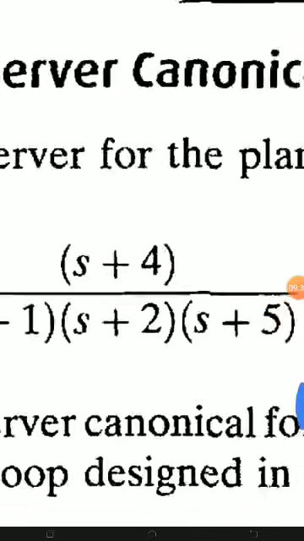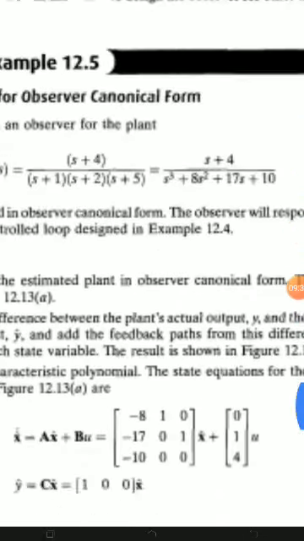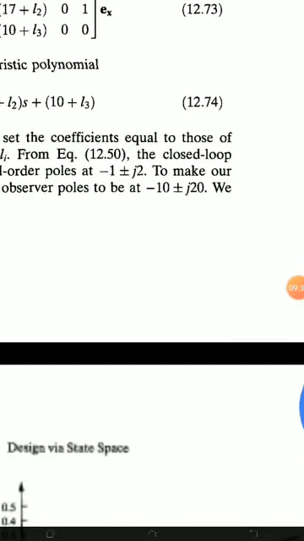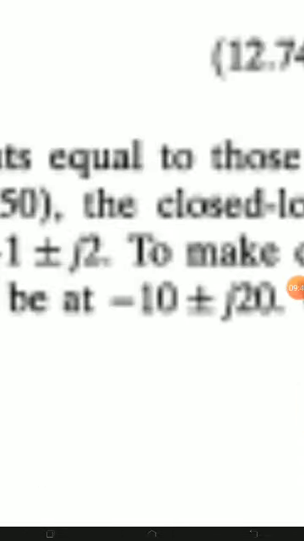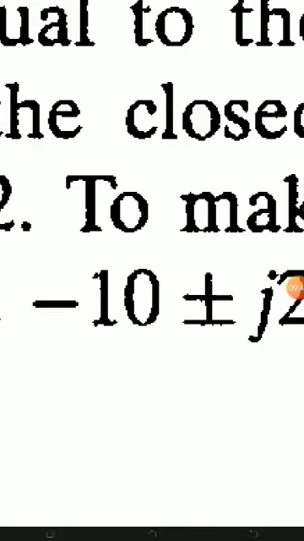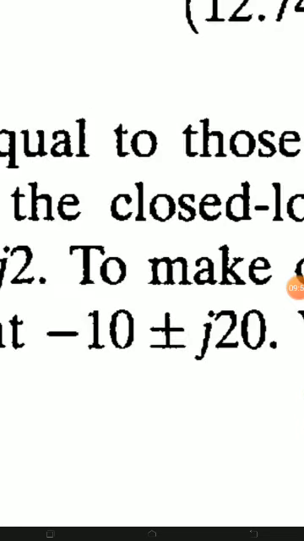Now in the observer design, please concentrate on this: select the third closed loop pole such that it will be 10 times faster than the real term of the new dominating pole. Only the real term.